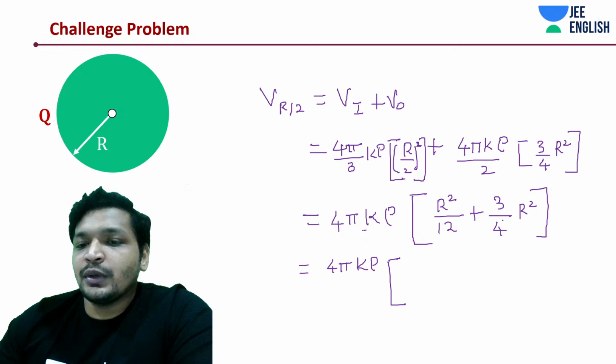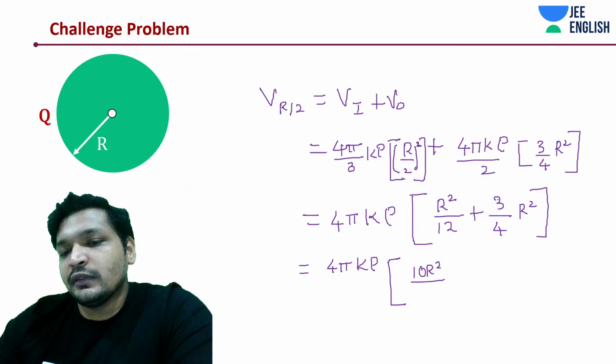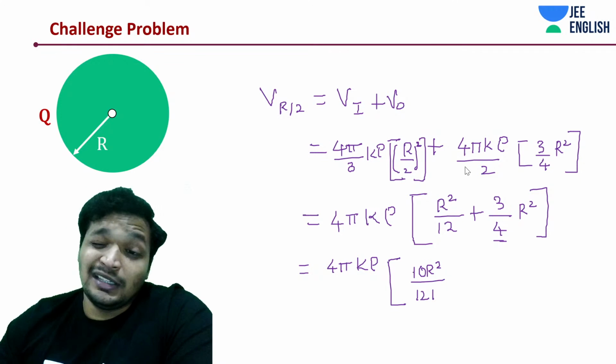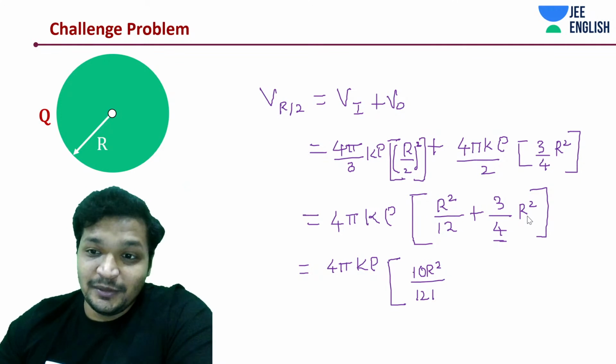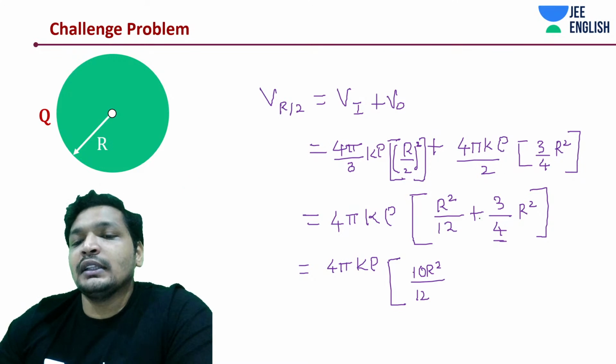Okay, r square by 12 plus 3 by 4 r square is going to be 10 r square by 12, because this 3 you have to multiply with 3 so that you get 12 in the denominator. It's going to be 9 plus 1, 10, so it's going to be 10 r square by 12. That's it. And there we go.